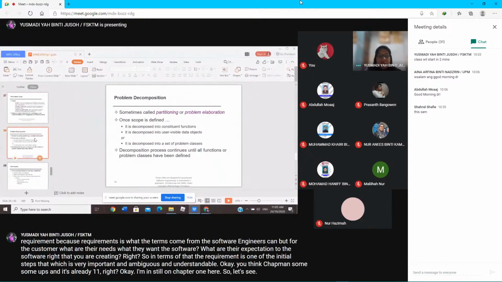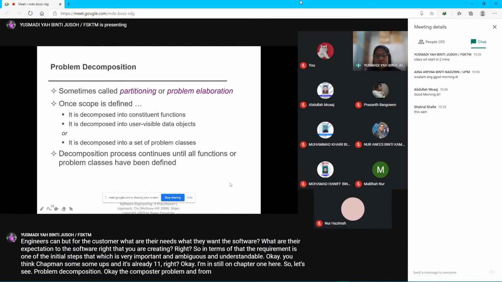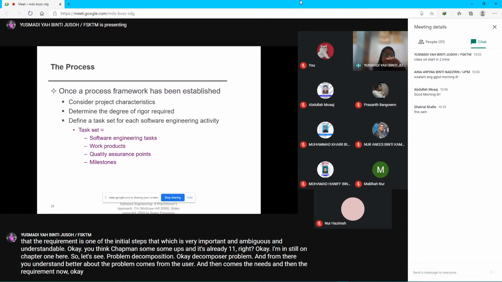Okay. For problem decomposition, decompose the problem. From there, you understand better about the problem that comes from the user, and then come the needs and then the requirement. Okay. Next, process. Process is what is used or implemented in your software development.